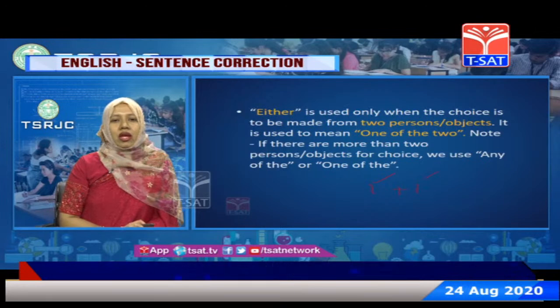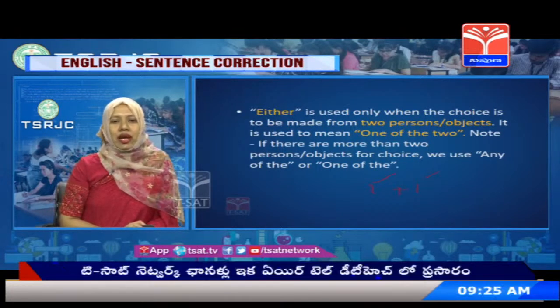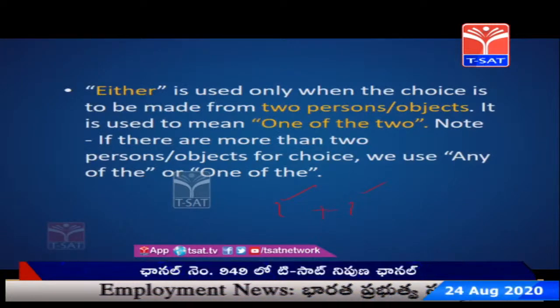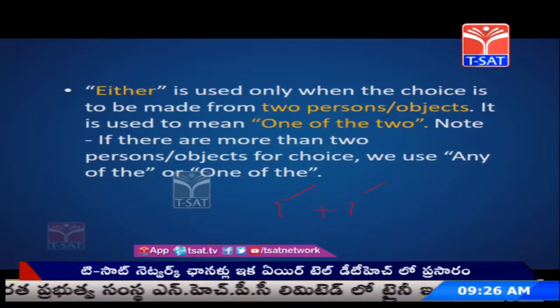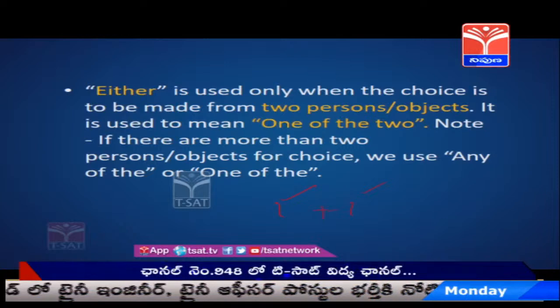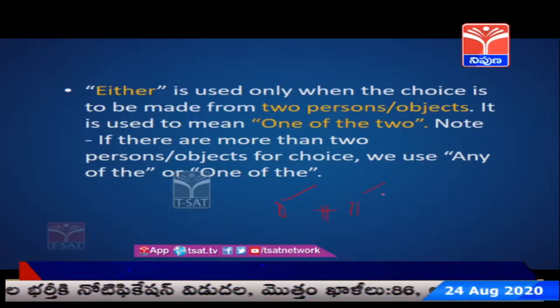Now if there are more than two persons or objects for choice, we use any of the or one of the. Always remember, either is used only when the choice is made between two persons. There are two things, out of that you have to select any one.